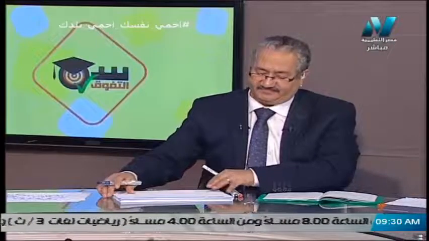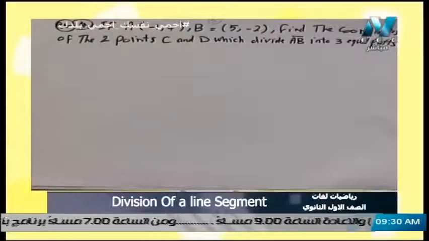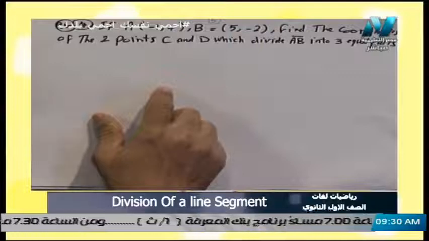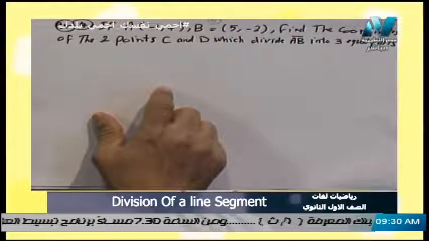We have here a question for you. We have talked about internal and external division, and we studied the division of a line segment in a straight line. And we have another example, which is example number 4.